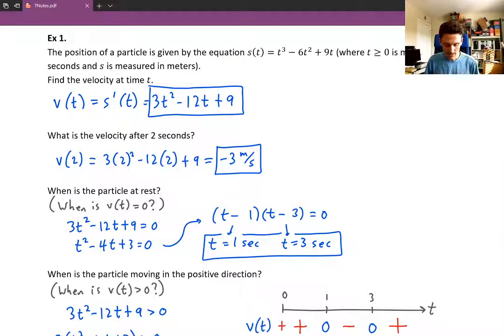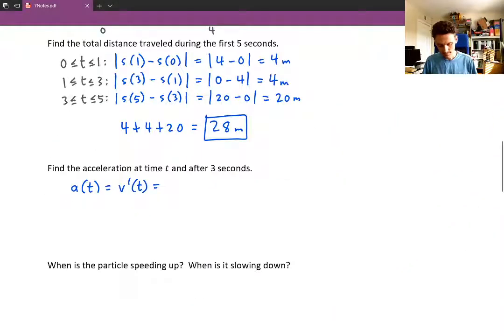It was 3t squared minus 12t plus 9. So if we take the derivative of that velocity function, we'll get 6t minus 12.